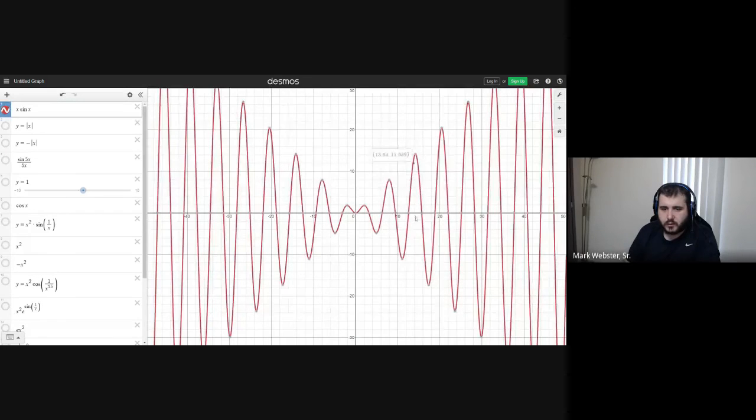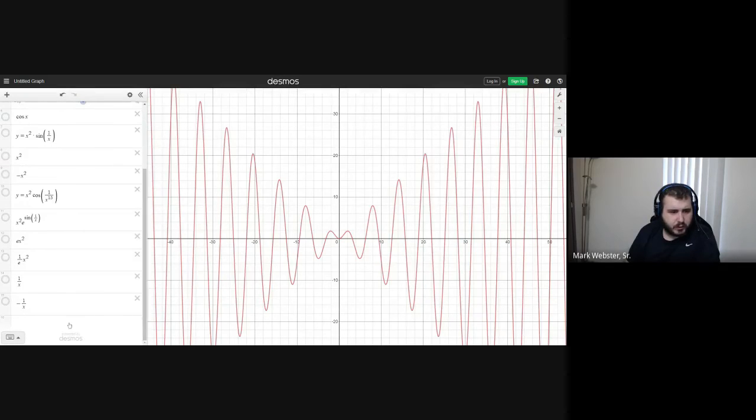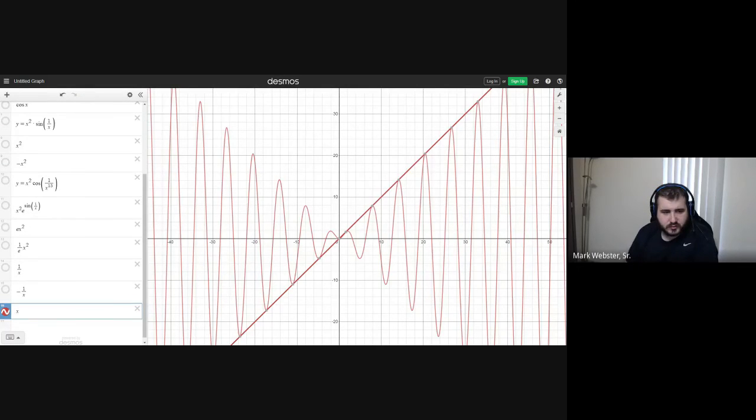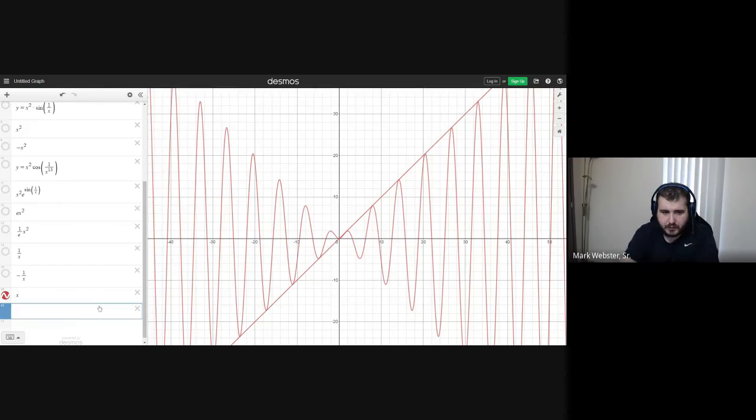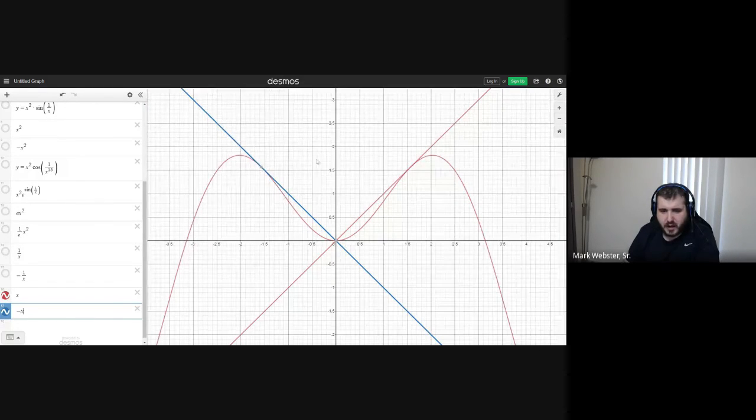What we would want to do, if we were following the rules that we talked about earlier, is use x and negative x. Here's the problem. It has to stay sandwiched. I mean, it kind of does sort of do that, but it has to stay sandwiched between this one being on top and this one being on bottom, right? If this is on bottom over here, it has to stay on bottom. If this one is on top over here, it has to stay on top.